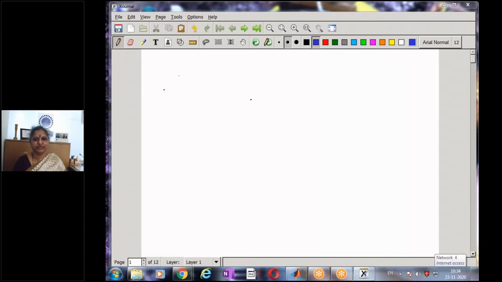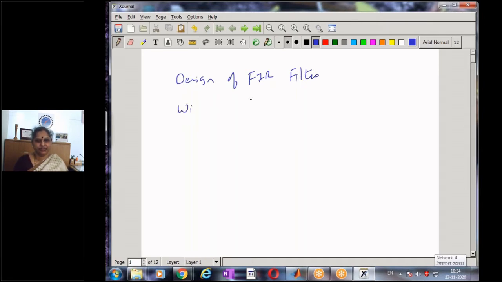This is the fourth module in the design of FIR filters. We have seen the design using the window method, which involved computing the impulse response h(n) by evaluating the Fourier series coefficients of H(omega).